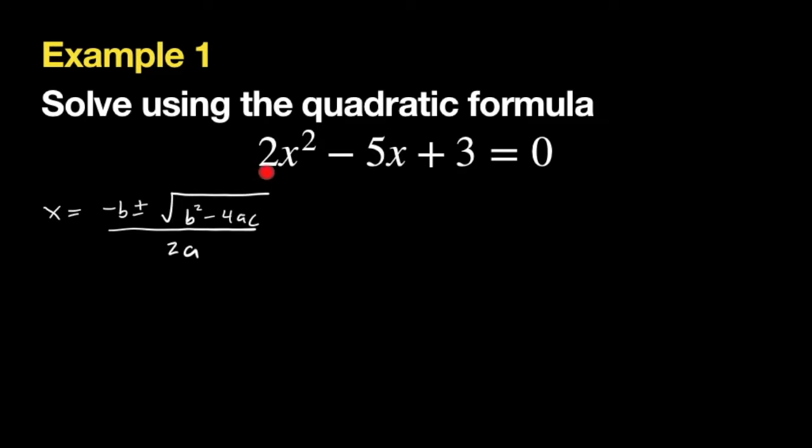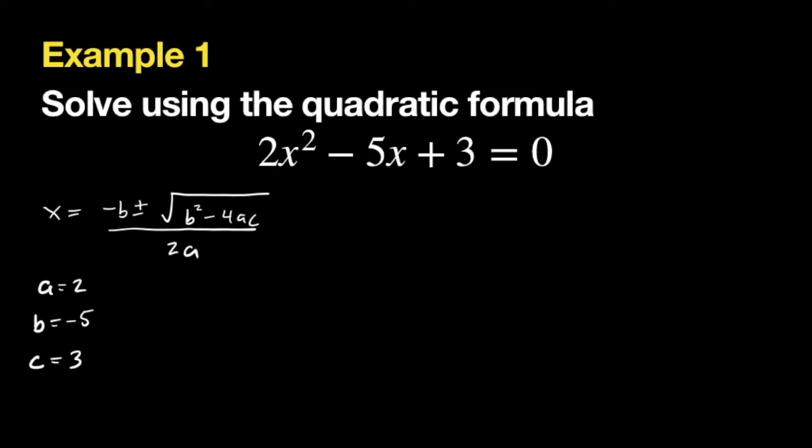We have a that is equal to 2, so I'm going to make a little note here. A is equal to 2. B is equal to negative 5. And lastly, we have c that is equal to 3.